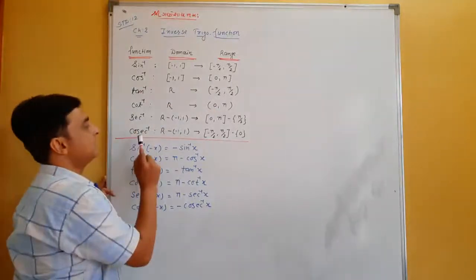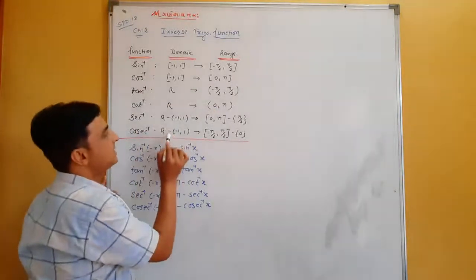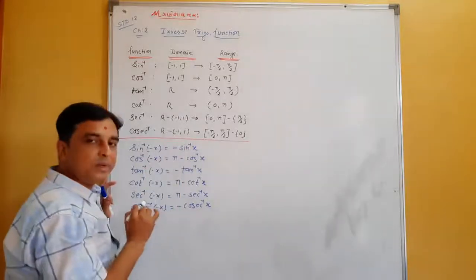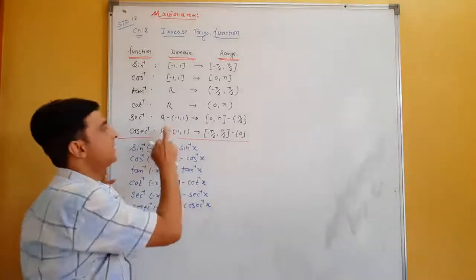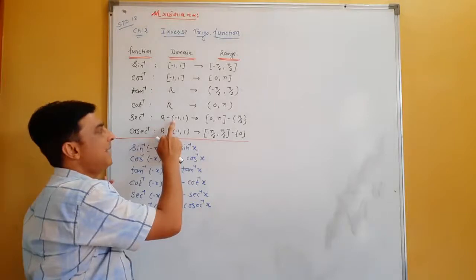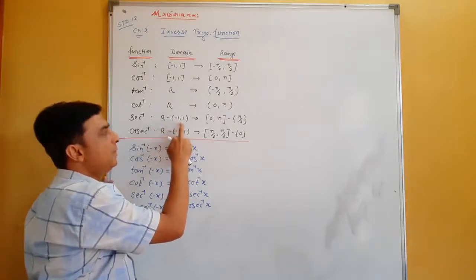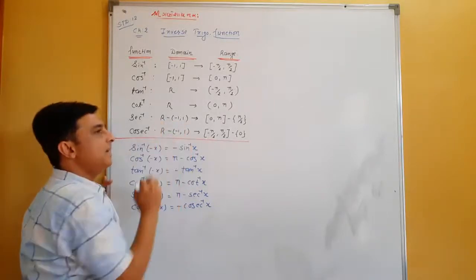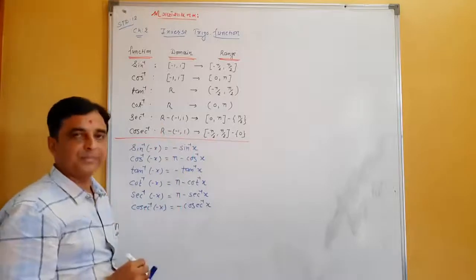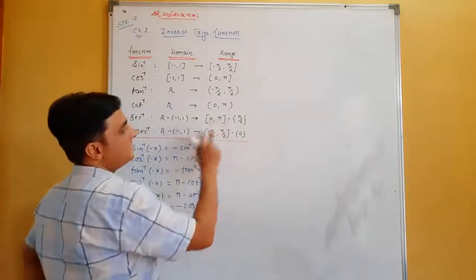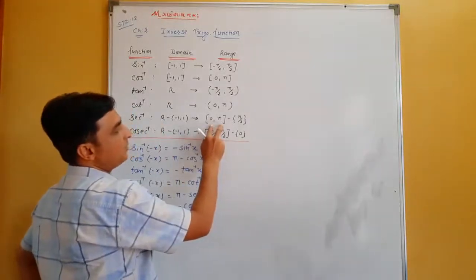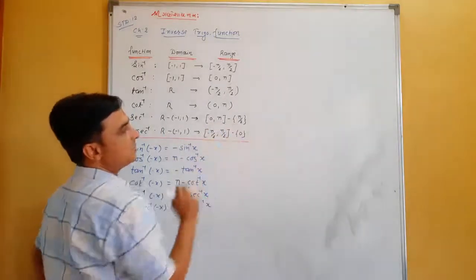Similarly, for sec inverse and cosec inverse, the domain is R minus the open interval -1 to 1, meaning subtract the open interval -1 to 1 from the real numbers. For sec inverse the range is the closed interval 0 to pi minus pi by 2.